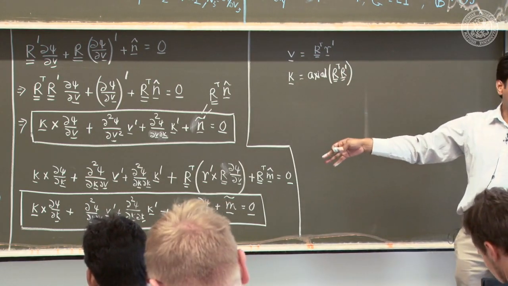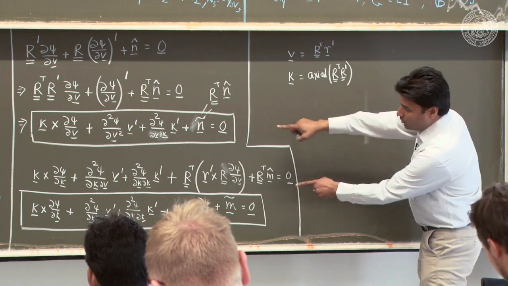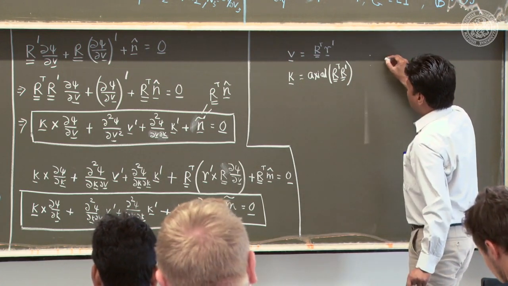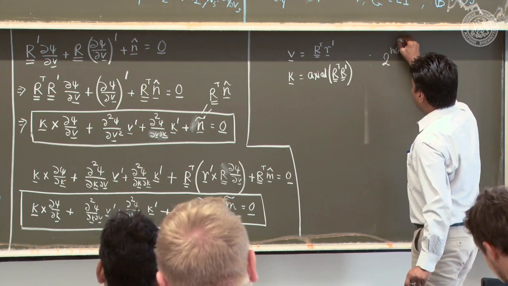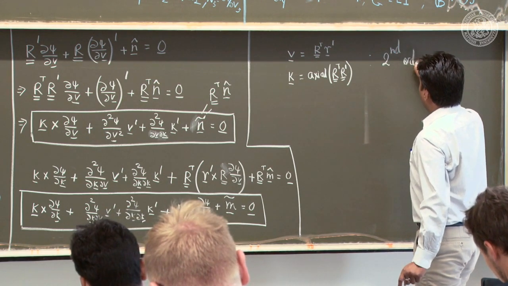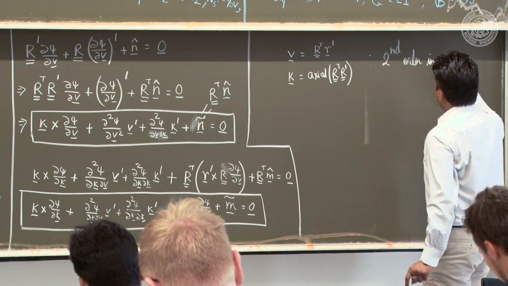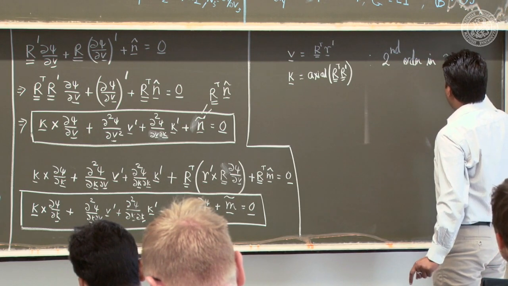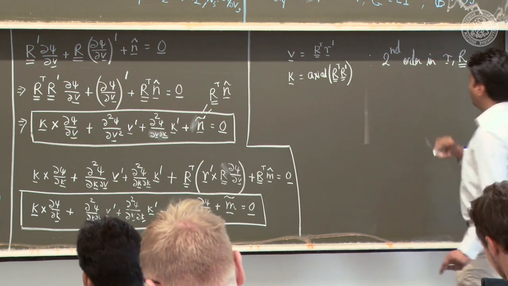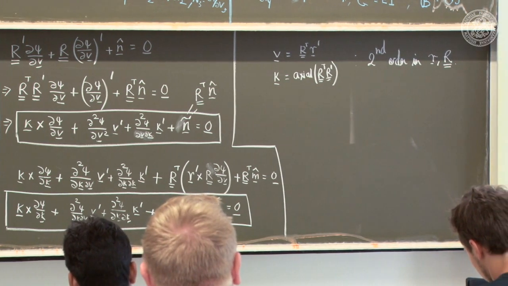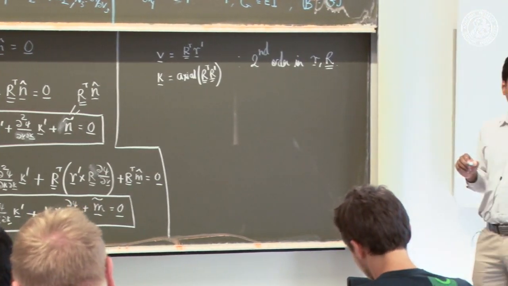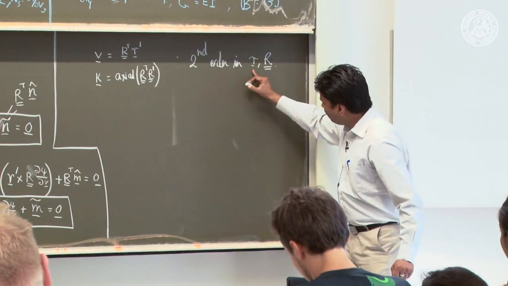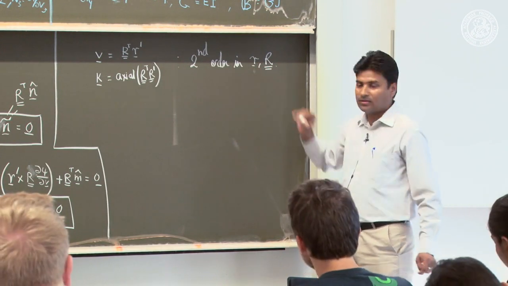So you do that, and then the two box equations are going to become second order in little r and big R. Second order in every one of them, little r as well as big R.